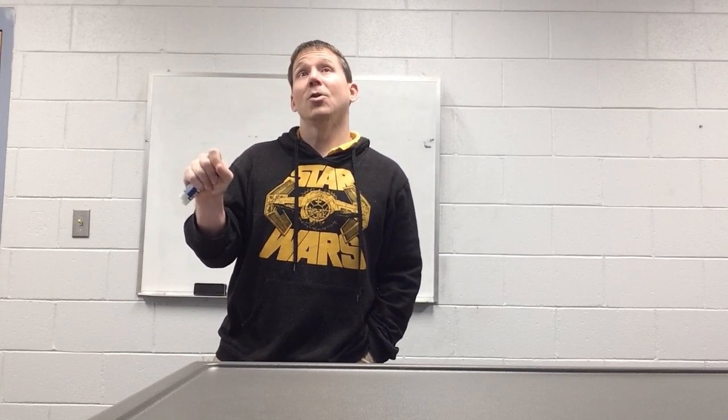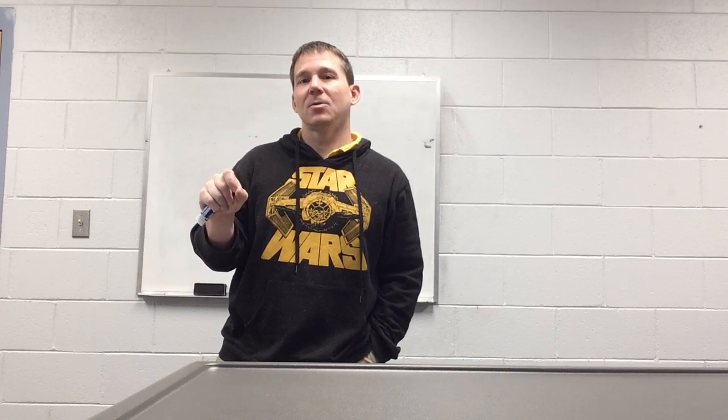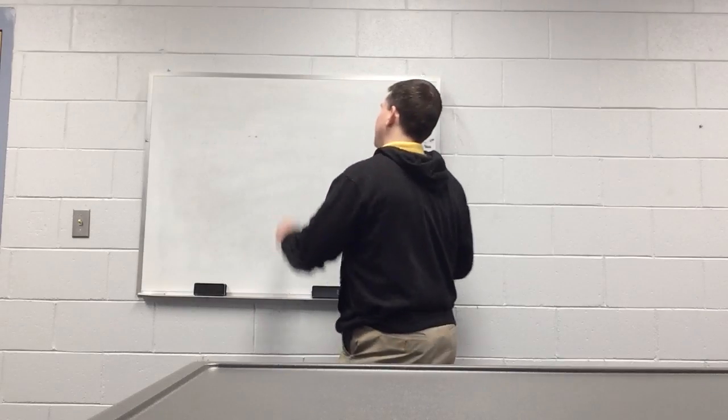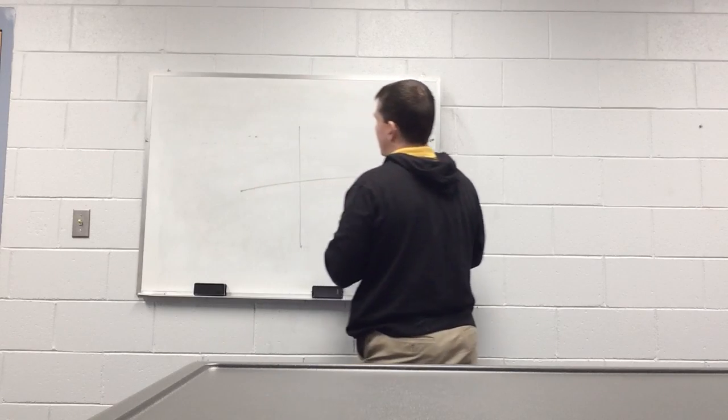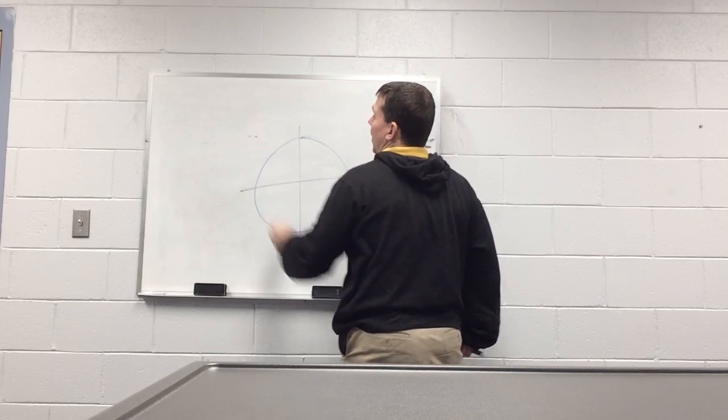Sine is the y value, cosine is the x value. So looking at the different quadrants for the unit circle, right here, say I'm in this quadrant.